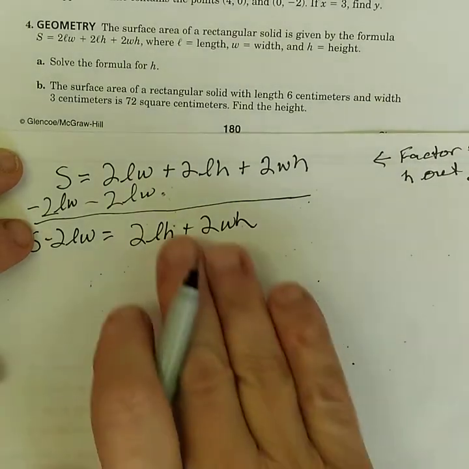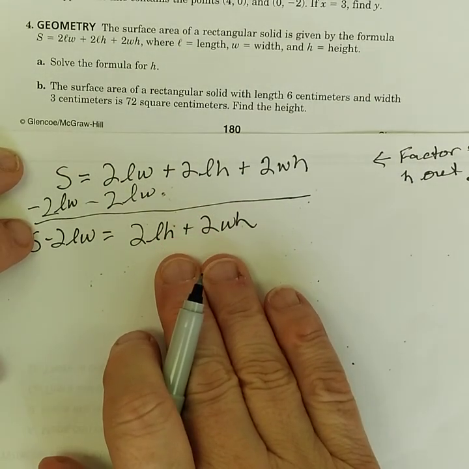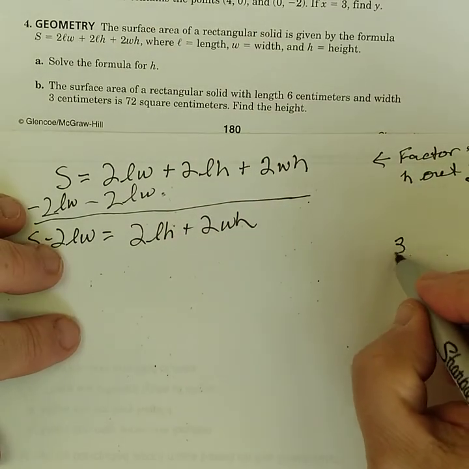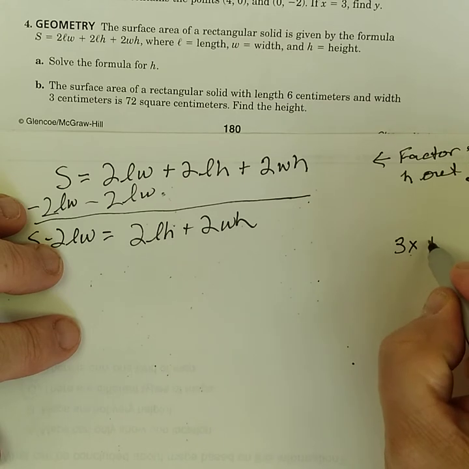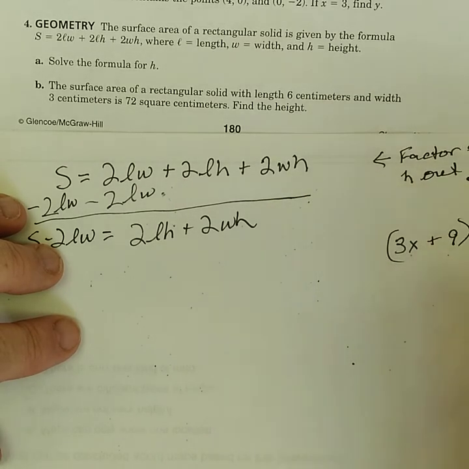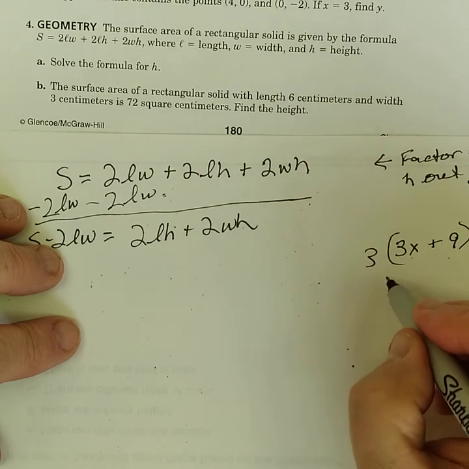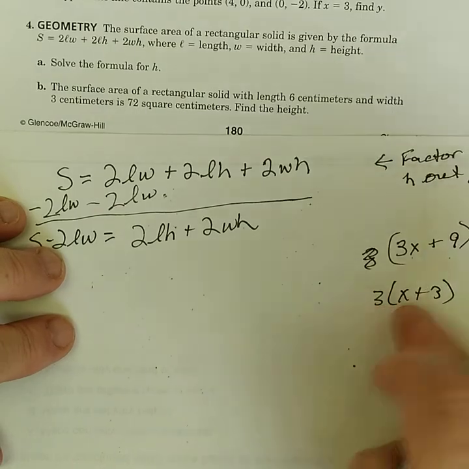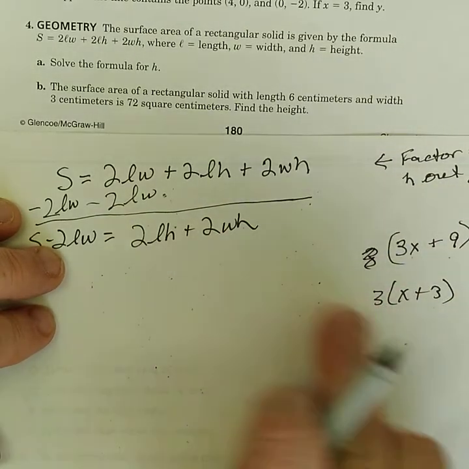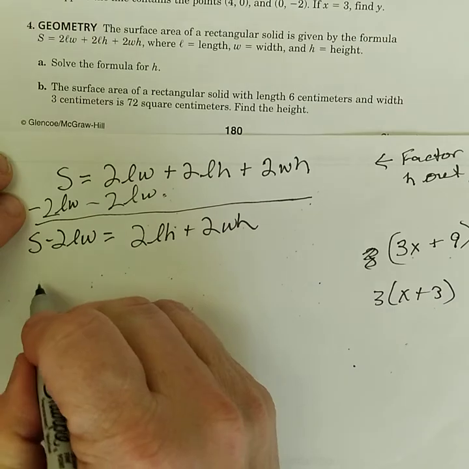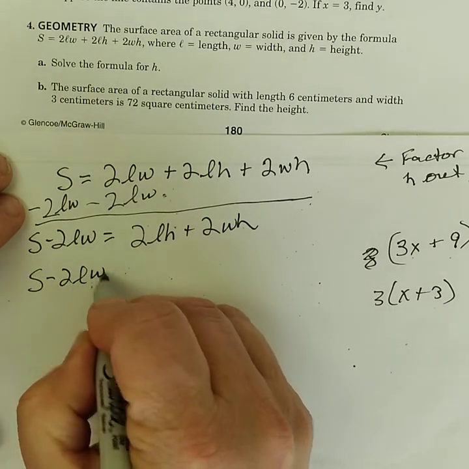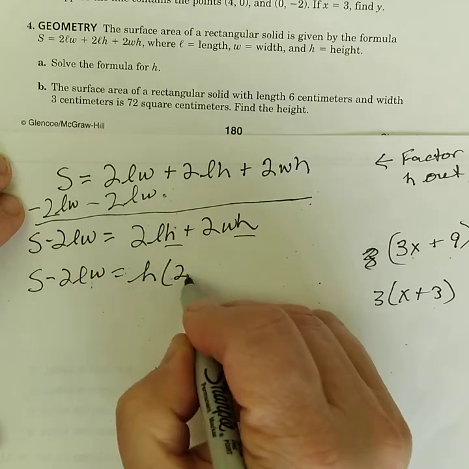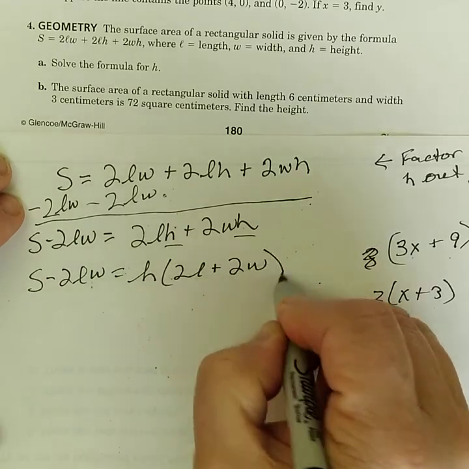All right, so now we have 2 terms with an H in it. And that's when we can, you know how when we have something like this, we would factor out a 3 and we would get x plus 3? We're doing the same thing, only instead of factoring out a number, we're factoring out a letter, okay? So we have S minus 2LW equals, we're factoring out the H, and we get 2L plus 2W, okay?